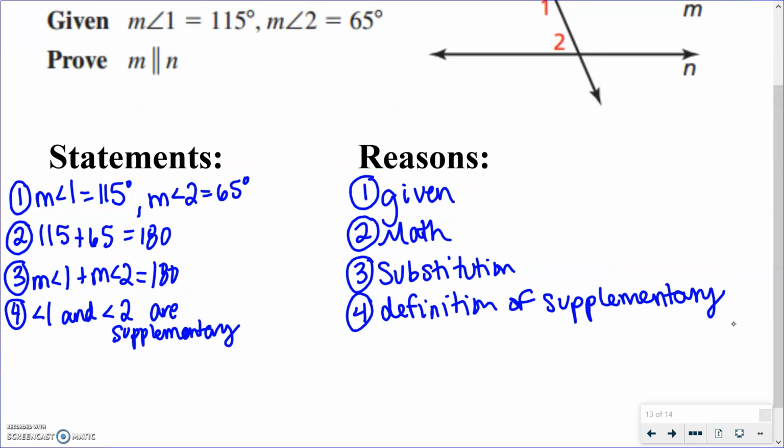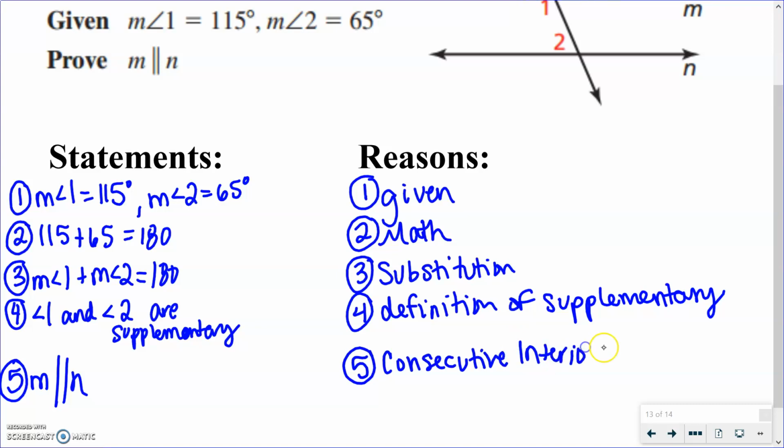So then our last statement here is going to be that M is parallel to N. So lines M and N are parallel. And the reason we can say that is because they have consecutive interior angles that are supplementary, or we can use the consecutive interior angles converse.